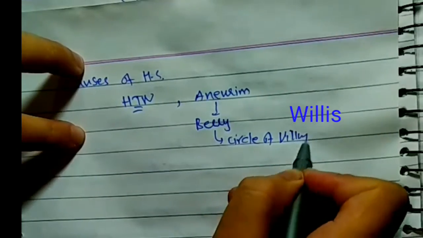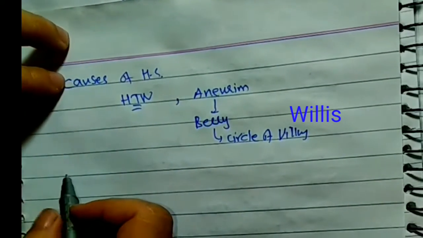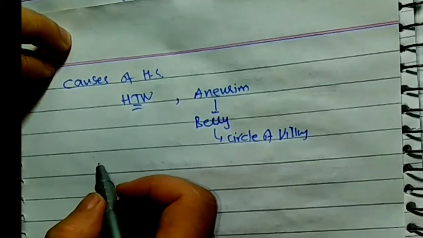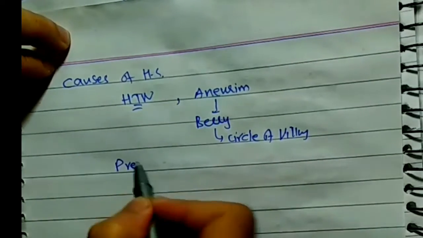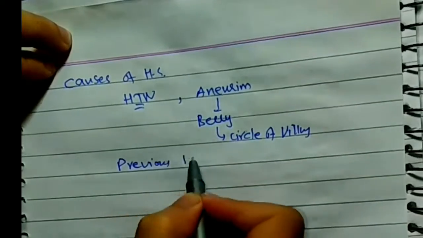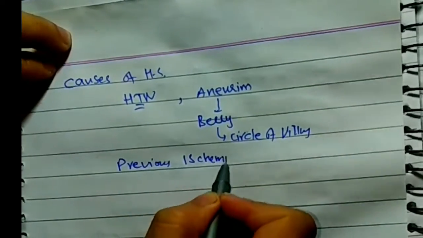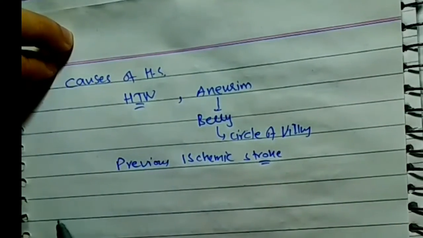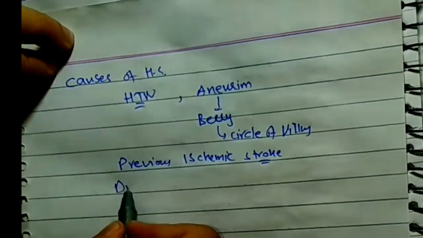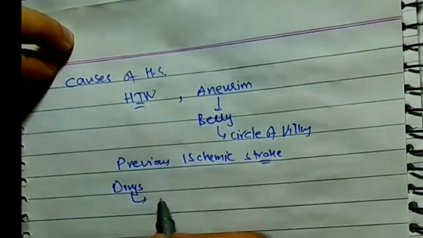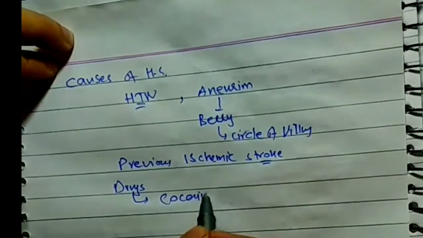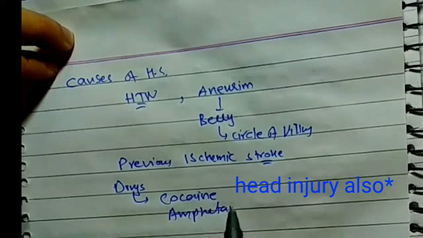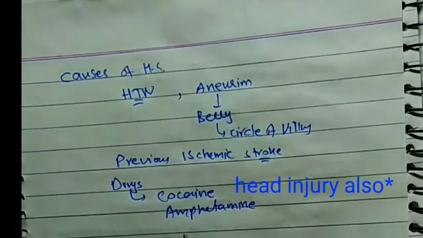Similarly, another risk factor is previous ischemic stroke, which is also a risk factor for hemorrhagic stroke. Some drugs, for example cocaine and amphetamines, are also risk factors for hemorrhagic stroke.